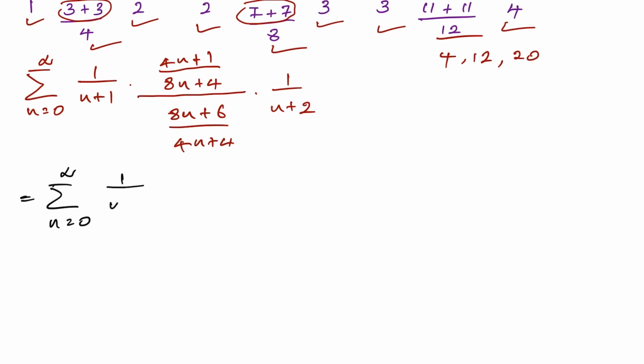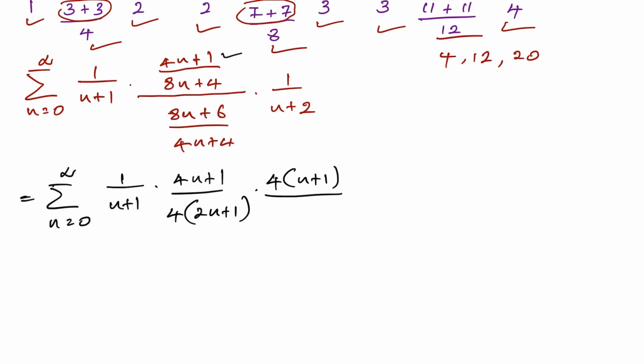Here 1 over n plus 1, then here 4n plus 1 over 8 times n plus 4, we know 4 is a common factor, so 2n plus 1, then here 4n plus 4, so 4 times n plus 1, over then 8 times n plus 6, we can take 2 as a common factor, so 4 times n plus 3, then here last term 1 over n plus 2.